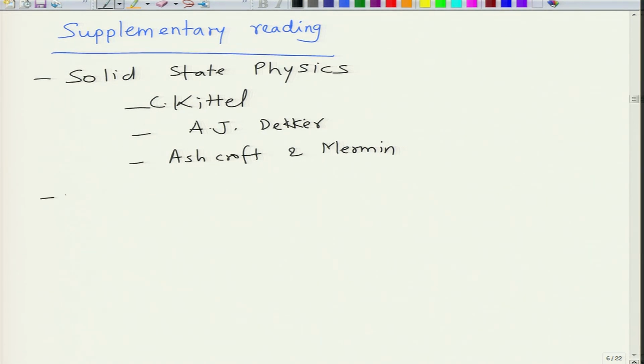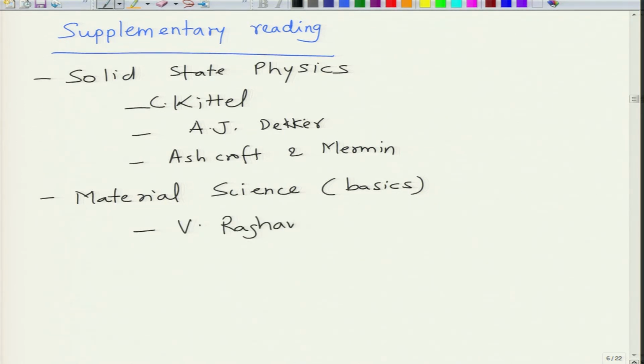And then if you are interested in material science basics, I would say the first thing would be to read the book of V. Raghavan, which is a very nice book giving you complete information to begin for the beginners about material science. Then we have Callister, W. D. Callister.